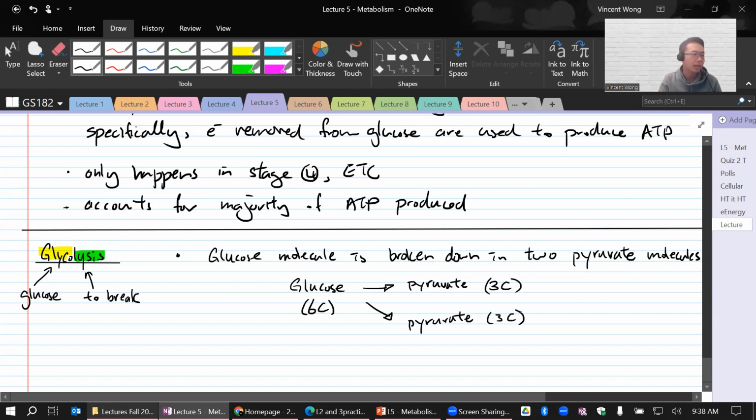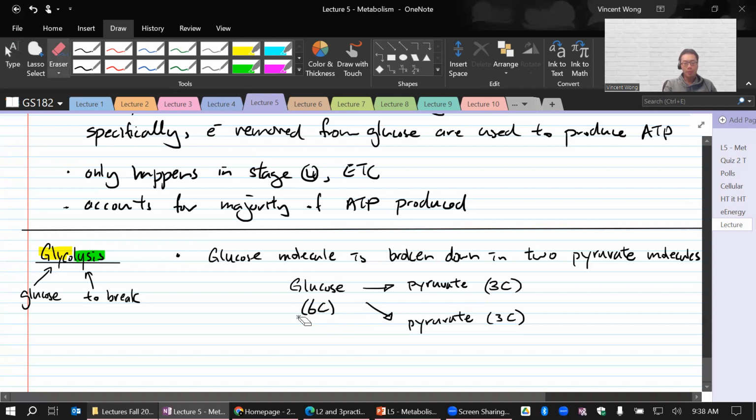I need you to keep track of the carbon atoms, because ultimately all these carbon atoms in glucose will end up in what other molecule? Let me repeat my question.